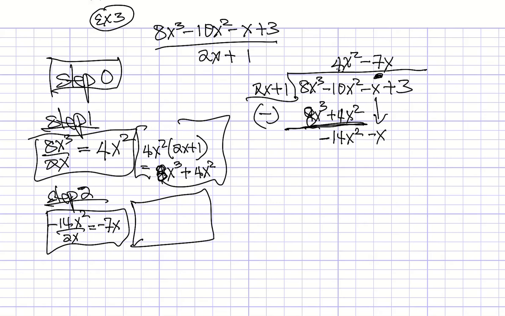All right. So once you do that, you multiply negative 7x times 2x plus 1. Okay, you get negative 14x squared, negative 7x. You see that, right? You put it there: negative 14x squared and negative 7x.